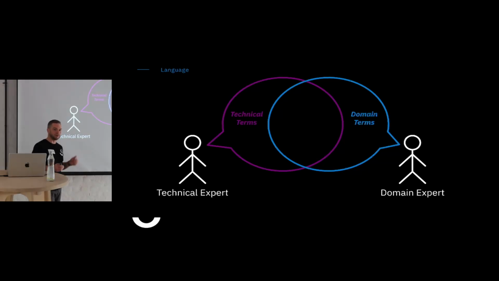And if we have a look into domain-driven design, it's a concept from there. It's not about domain-driven design here explicitly, but the idea of a ubiquitous language. So we create a shared language. We agree to use terms from the domain and to use those terms everywhere.